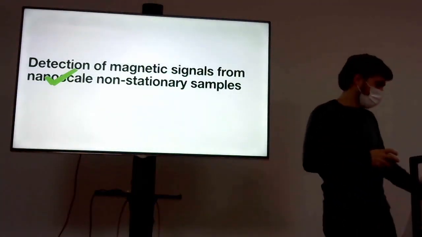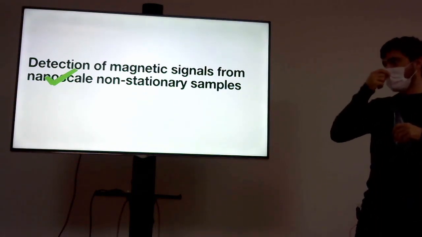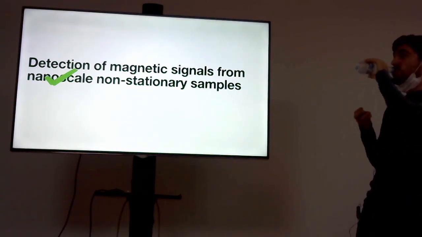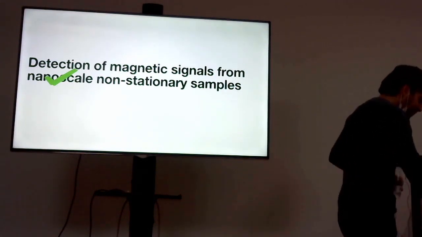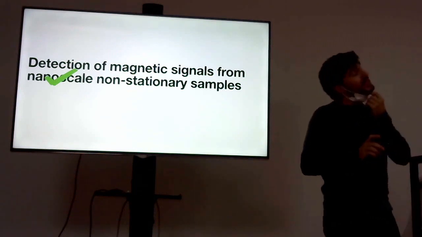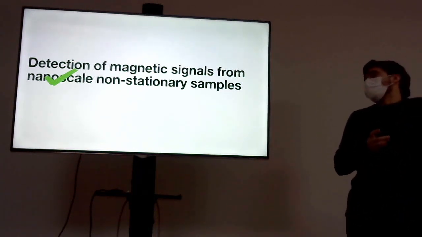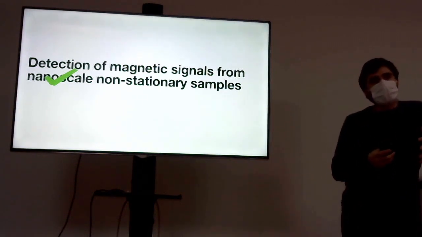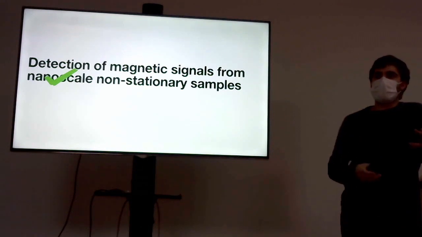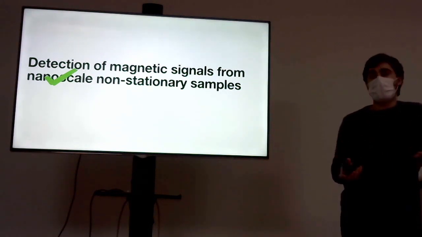Okay, so we've covered the first part, the nanoscale part. Let's now focus on the second part. So, as I've said before, we consider that there is some process going on in the sample, right? And as a result, the amount of nuclei evolves.